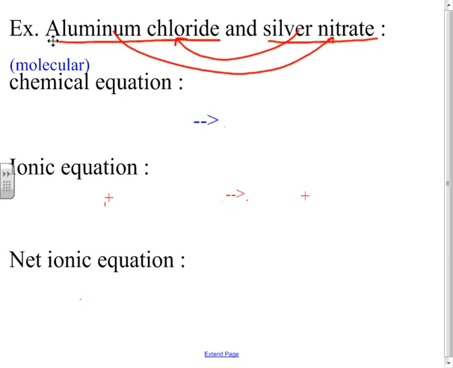So if we look at the solubility rules, aluminum nitrate is going to be soluble because nitrates are soluble, but silver chloride is going to be insoluble because chlorides are not soluble with silver.